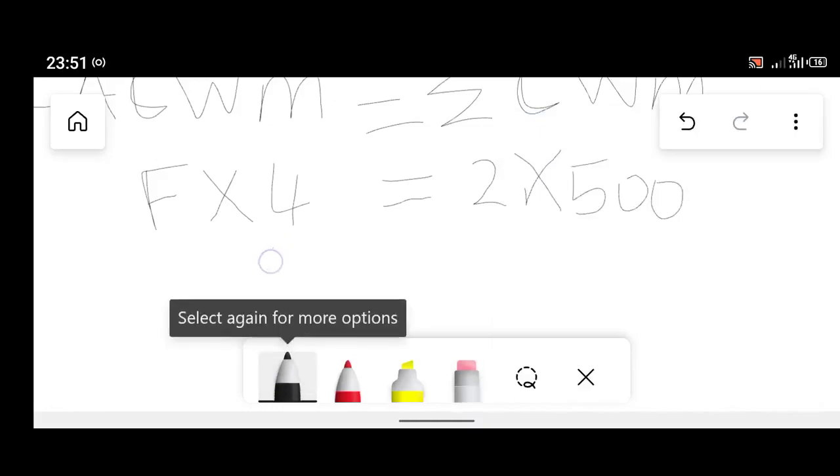You're going to get 4F is equal to, when you multiply 500 by 2, you're going to get what? 1000.